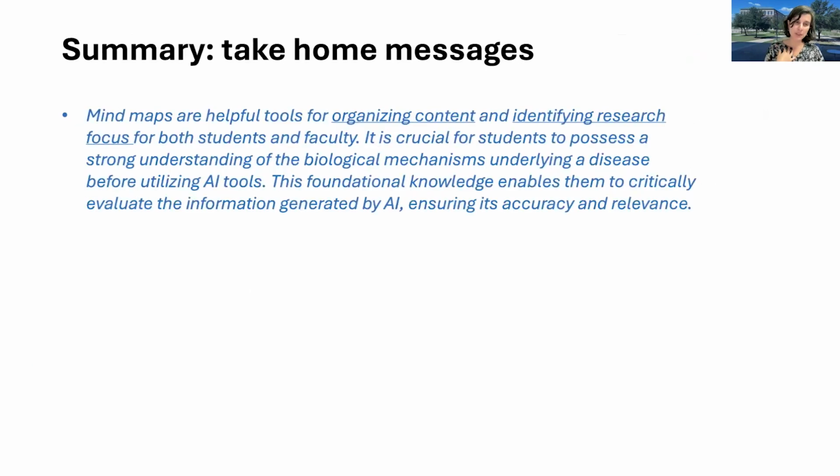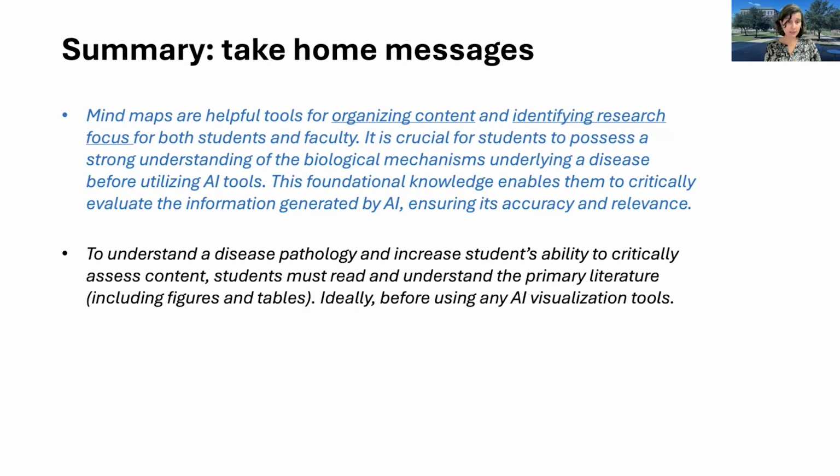So from my point of view, these are my take-home messages. I think mind maps are good tools for organizing concepts, especially when you have so many, and for figuring out what part of it you want to chase for research questions. And it's important to integrate the knowledge from the beginning of the class, but it's important to ensure that it is accurate and relevant.